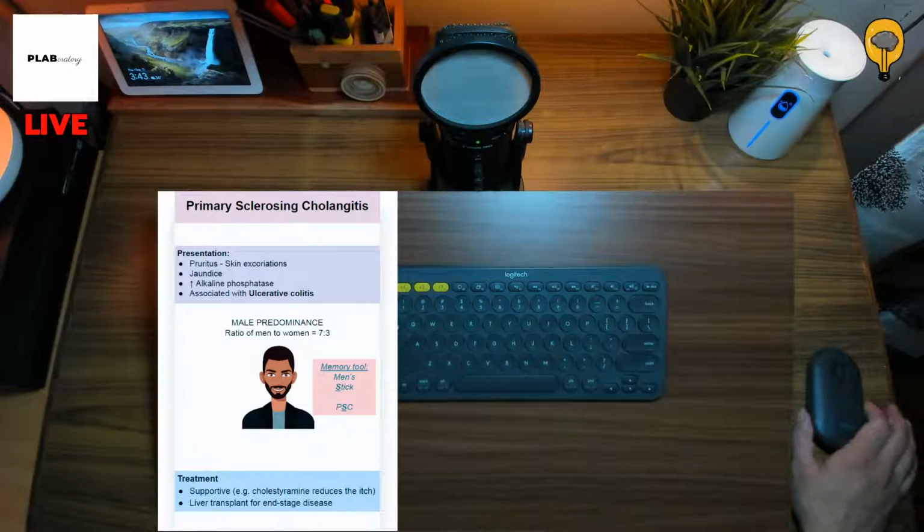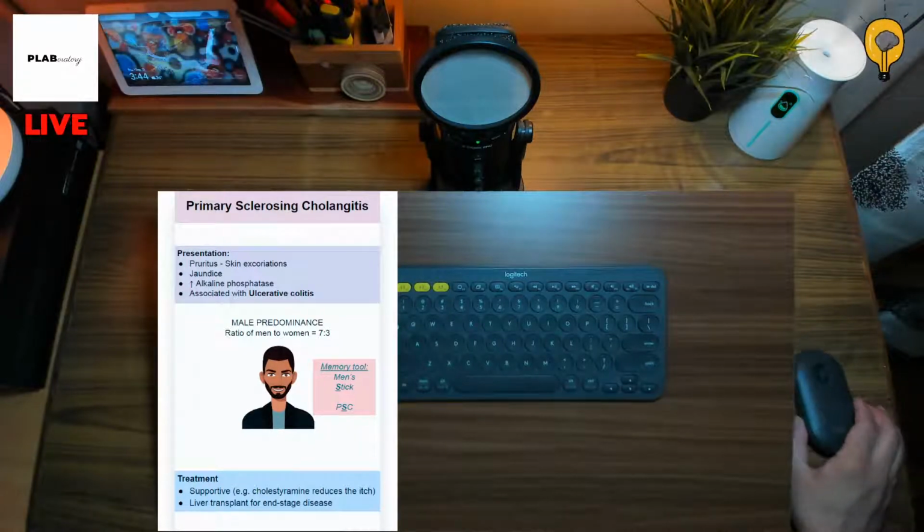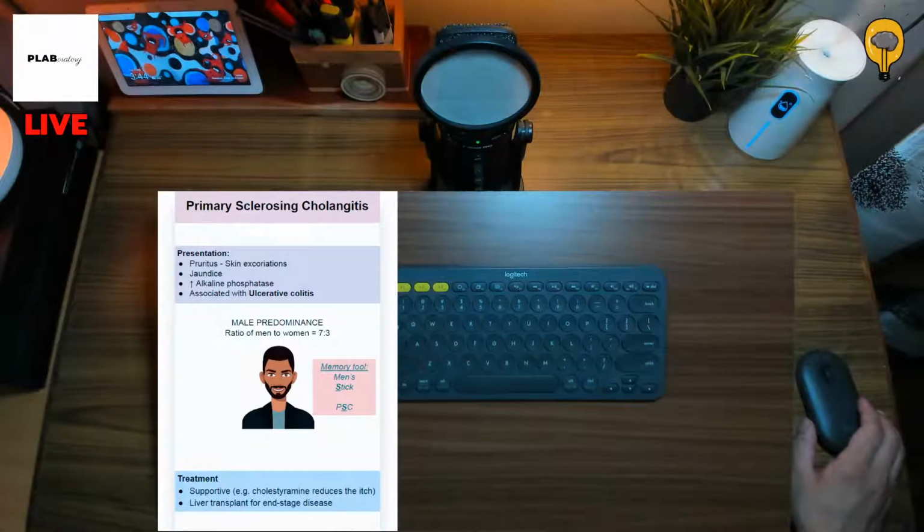Memory tool, primary sclerosing cholangitis, S is for men's stick. So yes, we can remember like that. Treatment in primary biliary cirrhosis was ursodeoxycholic acid and cholestyramine. Here it is supportive. Cholestyramine reduces the itch and liver transplant for end stage disease.